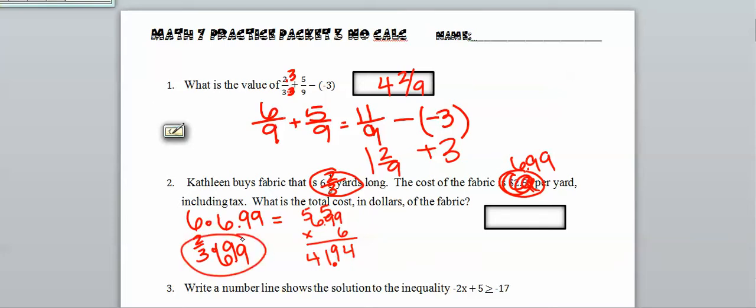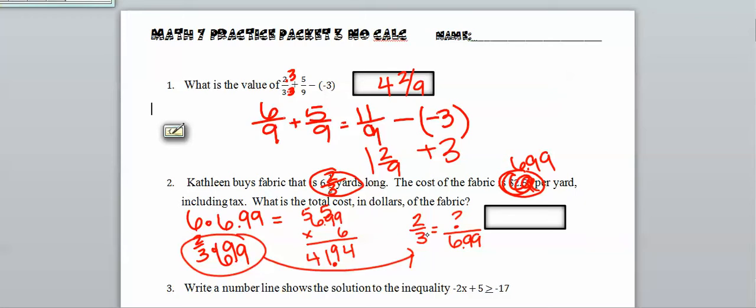Now I've got to take the 2/3 times $6.99. And when I do that, I know that $6.99 is divisible by 3, okay? And that's important because for 2/3, we need to figure out proportionally what we can do to get from here to here so we can figure out how much it costs.